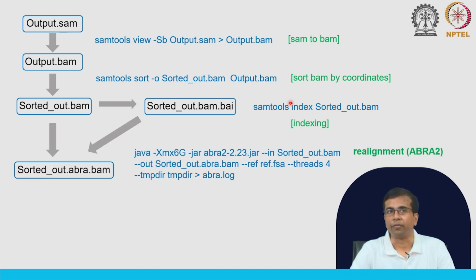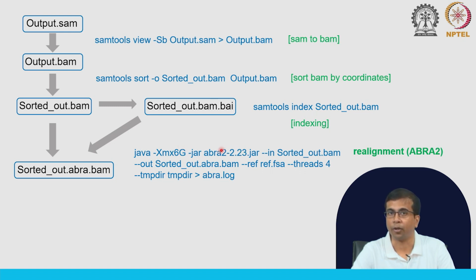Then we use these two files for realignment using this tool called ABRA2. We use this command specifically, and again I mentioned what this command actually means. We are calling Java here, and we are limiting the memory usage to 6 GB using this command.